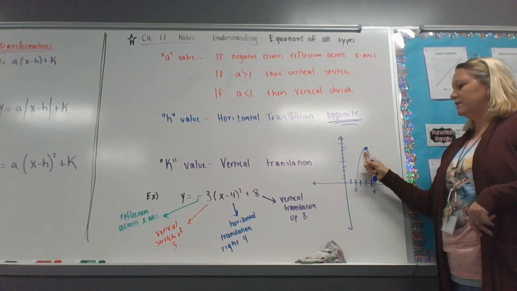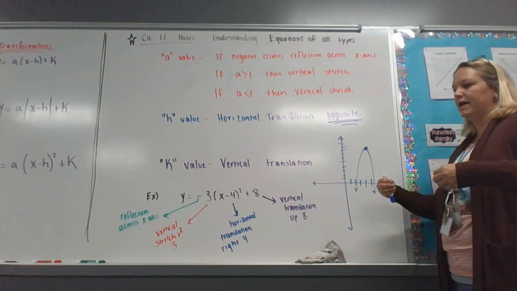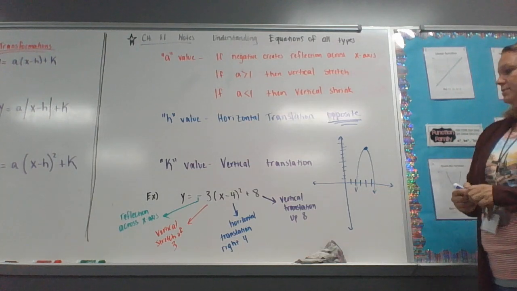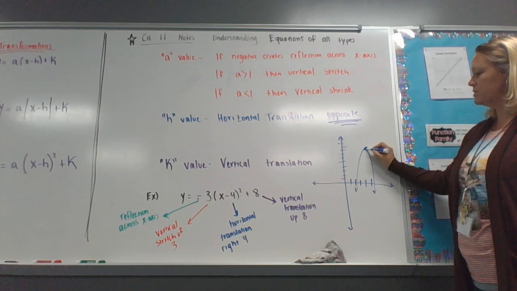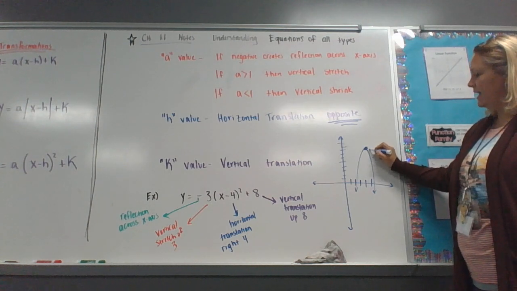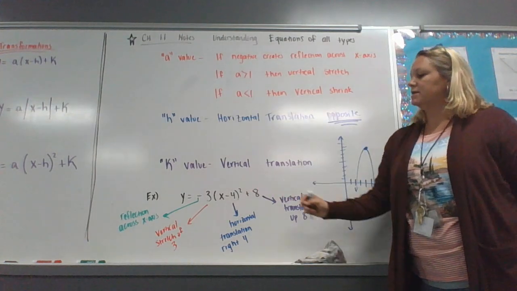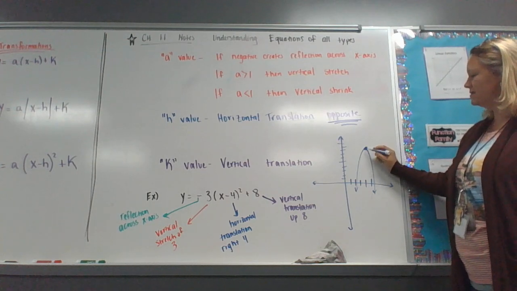Okay. Now to get these points precise, I need a table, or I need to plug in for X, or actually, I could make these pretty precise right now. Normally, in the parent quadratic, from the vertex, it's only 1 unit away. But because there's a stretch of 3, it's going to be 3 units away.